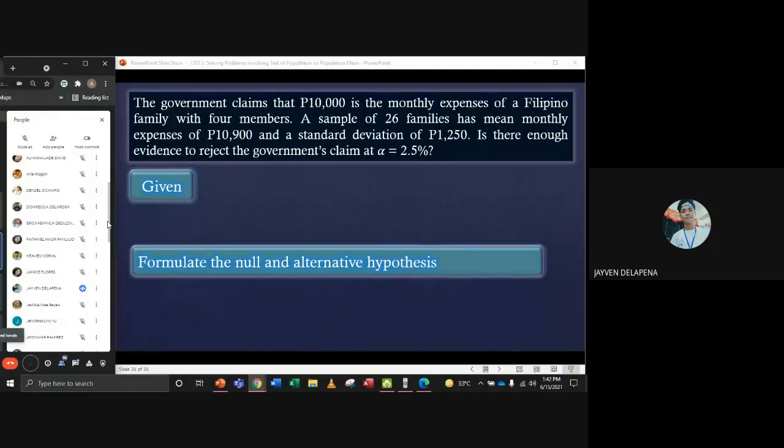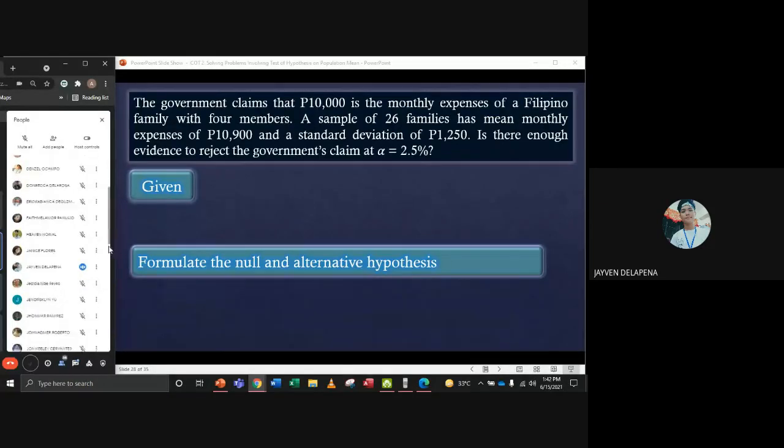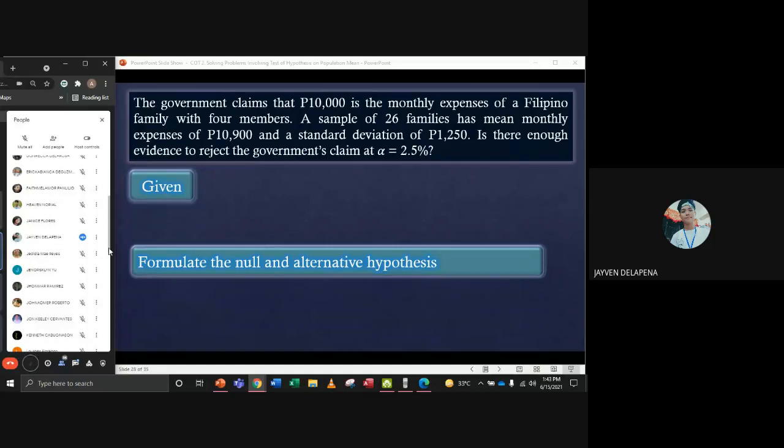A sample of 26 families has mean monthly expenses of 10,900 pesos and a standard deviation of 1,250 pesos. Is there enough evidence to reject the government claim at alpha equals 2.5%? Okay. So based on the problem, what will be our given? Samuel.